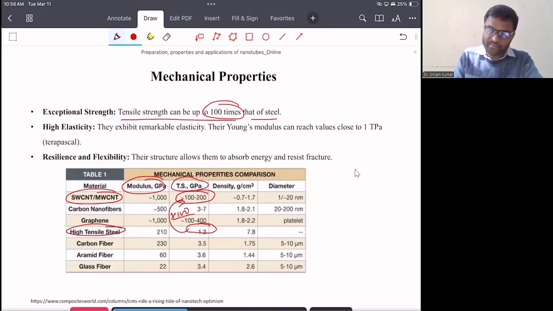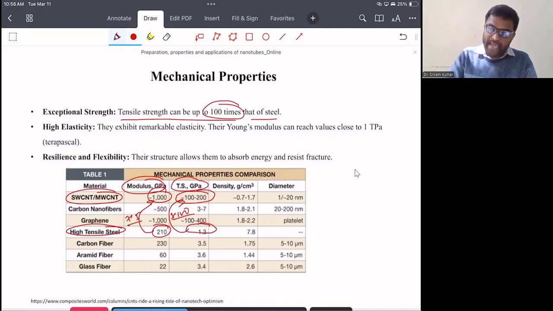So here it is close to 100 times stronger as compared to the steel. And if you compare the modulus here, 210 for steel, CNT has a Young's modulus of 1000, so it is 5 times more as compared to the steel.